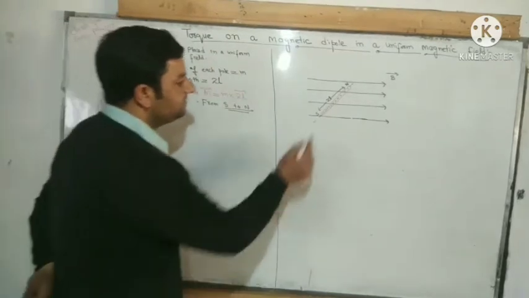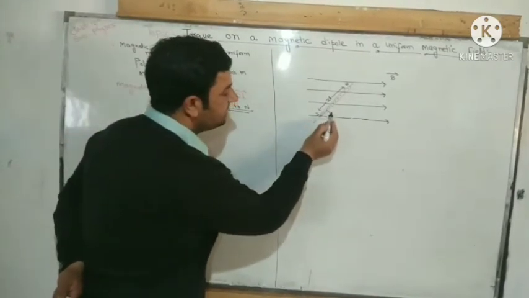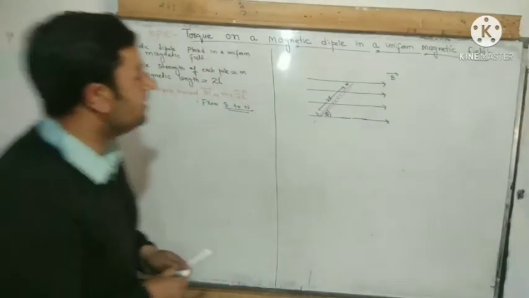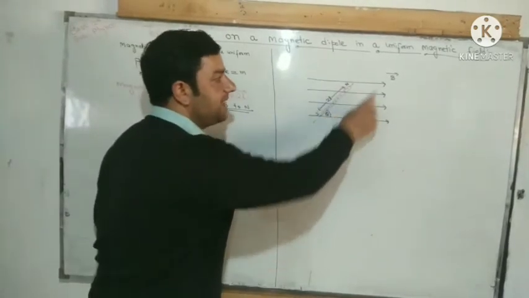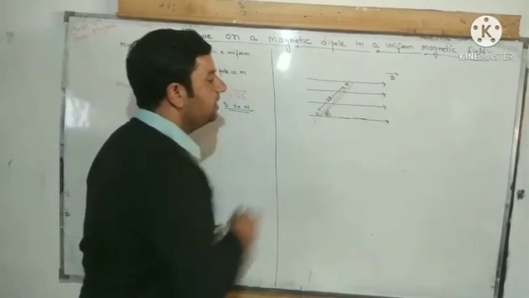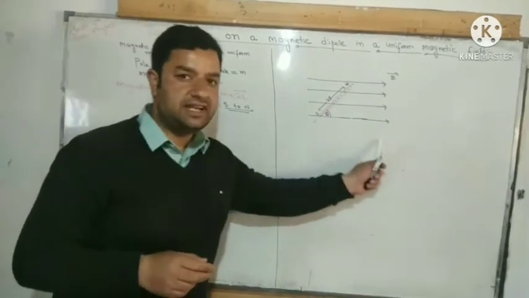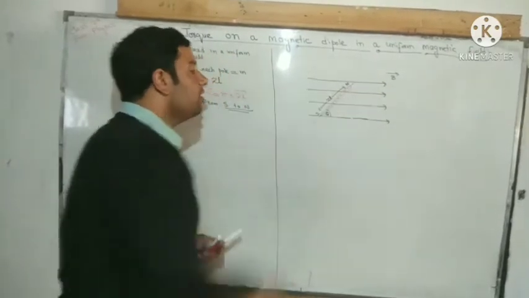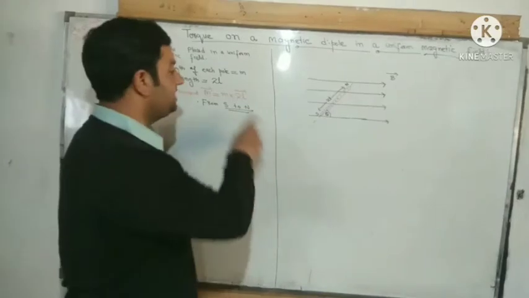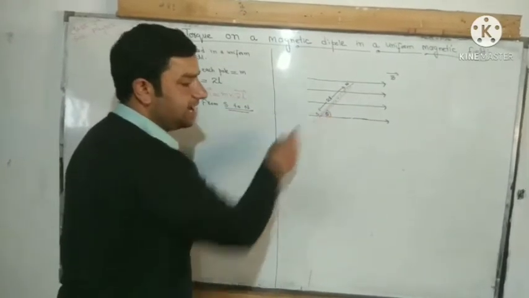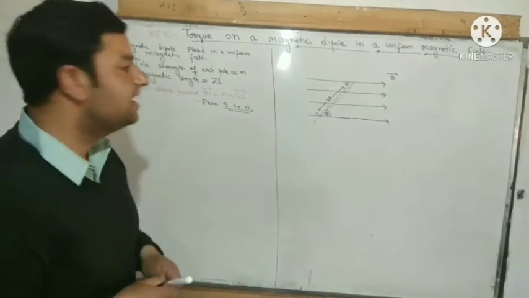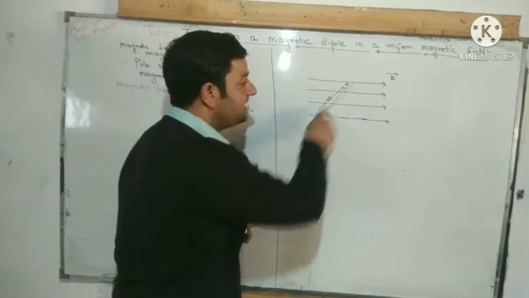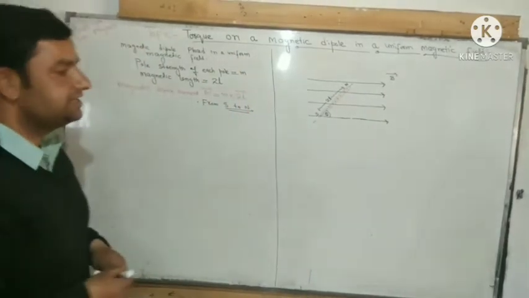Let this magnetic dipole moment make an angle theta with the direction of the magnetic field, that is, the angle made by the magnetic axis with the direction of the magnetic field.